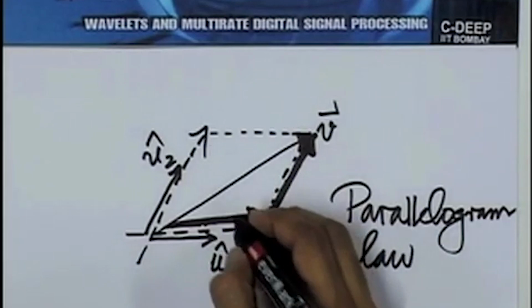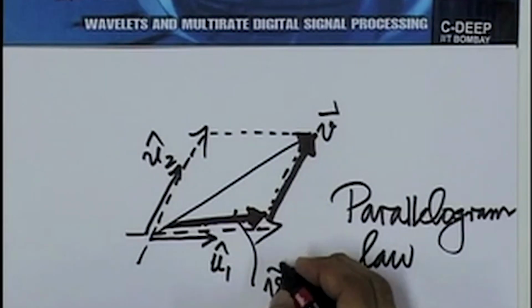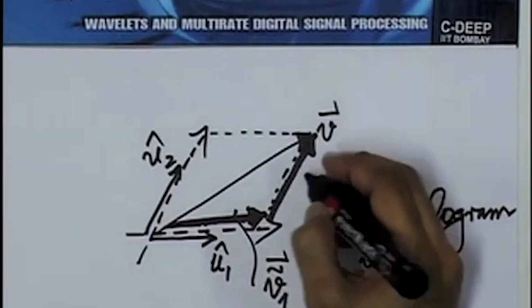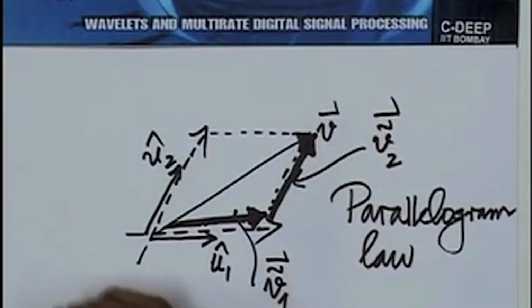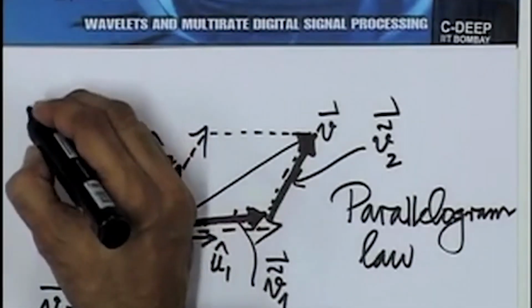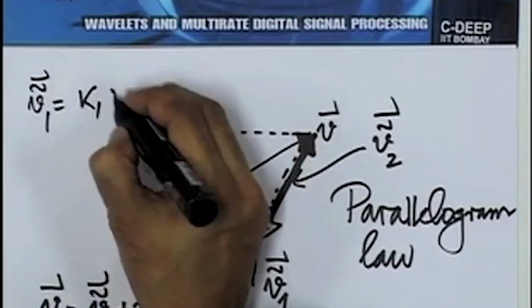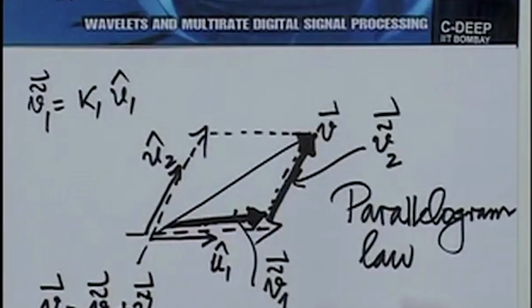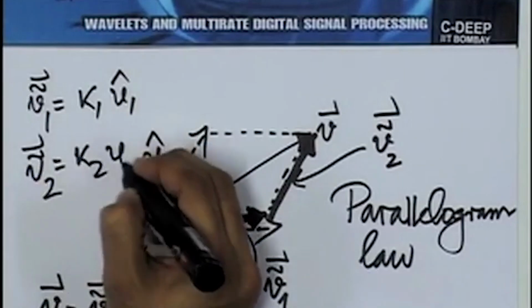Let me call this v1 tilde, and it is a vector, and let me call this v2 tilde, that is again a vector. Of course, we have v is v1 tilde plus v2 tilde, and it is very easy to see that v1 tilde as a vector is some multiple of u1, and similarly v2 tilde as a vector is some multiple of u2.